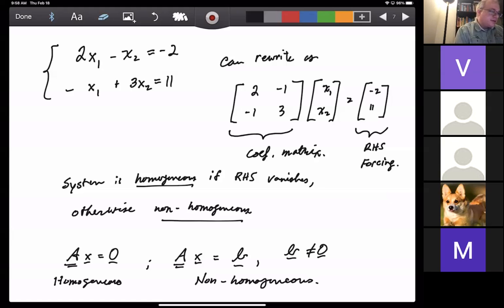So how would we solve this system with that terminology? Well, we know this is a non-homogeneous system. We have lots of strategies that we could employ to solve a 2x2 system like this. When we say m by n system, we're talking about the numbers of rows and columns, so think of the subscripts of the coefficient matrix.